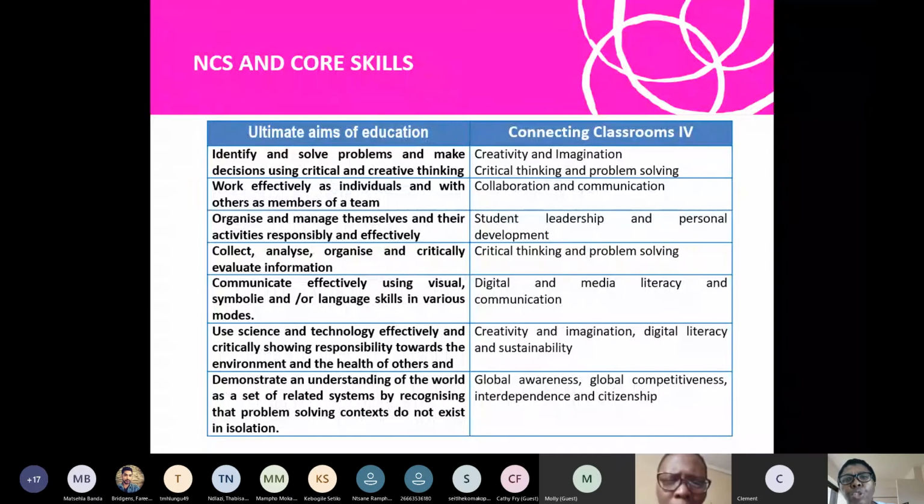So when we talk about core skills, we are not bringing anything new, but we are putting emphasis and trying to assist the different education systems to realize their goals. Are we together, guys?